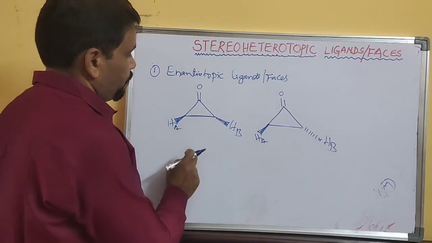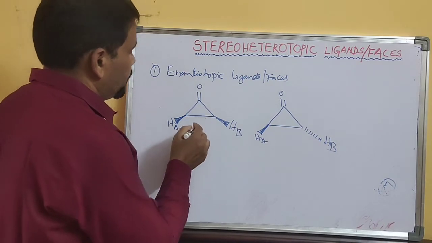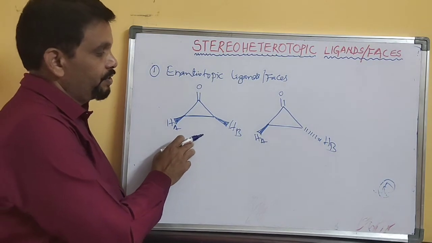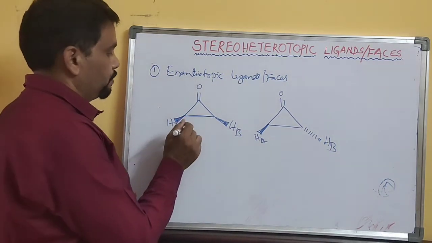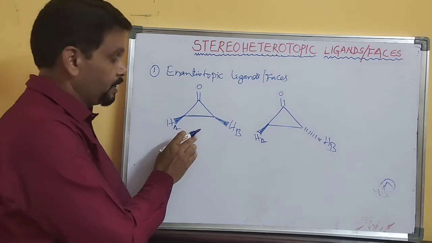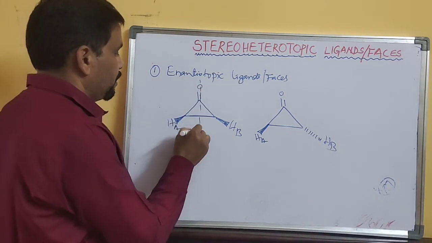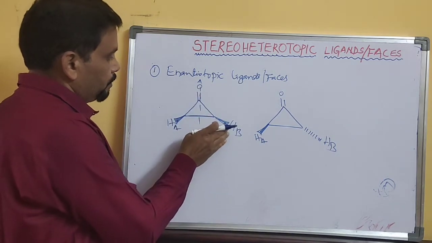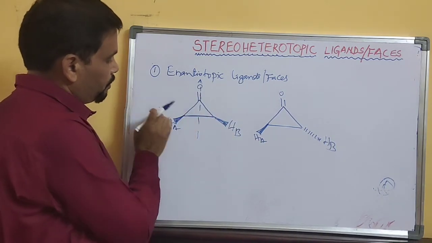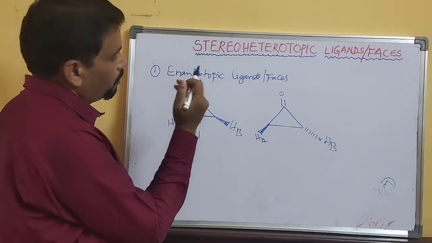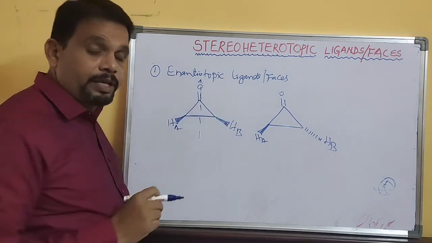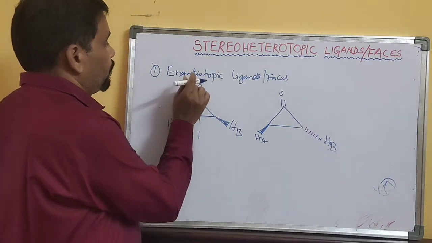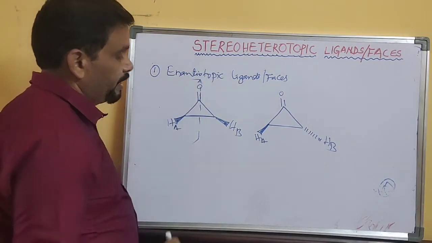First let us take this molecule, and is there a plane of symmetry in this? No, sorry, no center of symmetry. Cn axis of symmetry: if you rotate, this upside will go down and this will go down. Therefore no Cn axis of symmetry, but only a plane of symmetry is there.